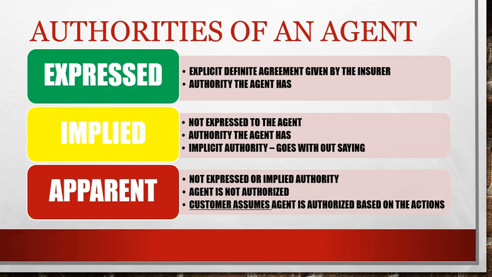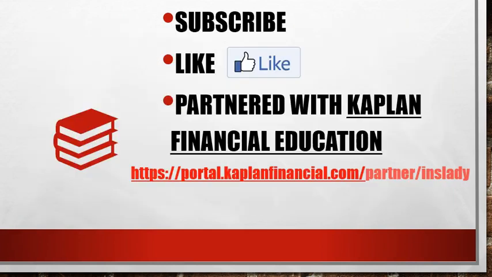But not as clear as the written. You just know you have to do it. Apparent is an authority that the third party or customer assumes the agent has, but may not necessarily have. So that is your law of agency, and that is also authorities of an agent.